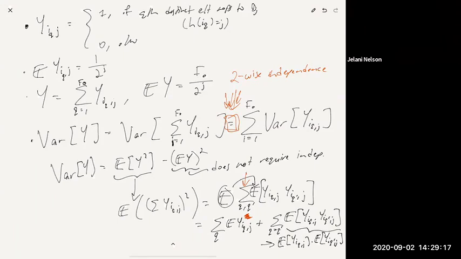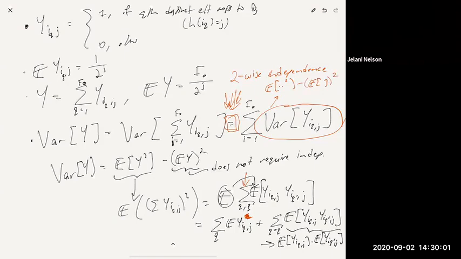Now that you have a two-wise independent hash function, what is the variance of y_{i,q,j}? Well, this is a 0, 1 random variable, a Bernoulli random variable, meaning there's some probability p it's 1 and probability 1 minus p that it's 0. In general, whenever you have a Bernoulli random variable, the variance is p times 1 minus p. It's the expectation of the random variable squared minus the expectation of the random variable, squared.